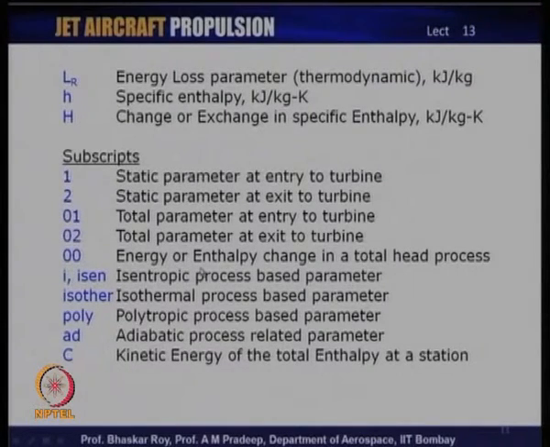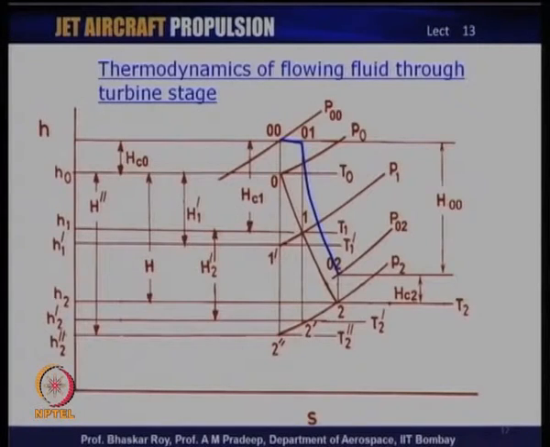Isen is of course the isentropic process, isothermal is the isothermal process, poly is the polytropic process, and AD is the adiabatic process. Quite often we talked about the adiabatic reversible process, and C is the kinetic energy of the total enthalpy at the station, as we have talked about Hc, Hc0, Hc1, Hc2, etc.